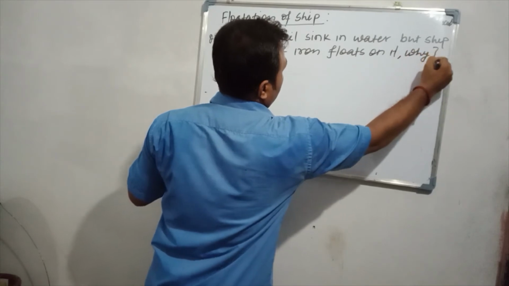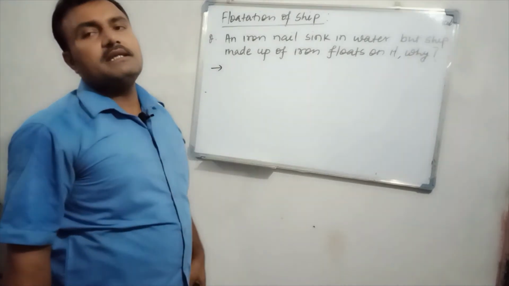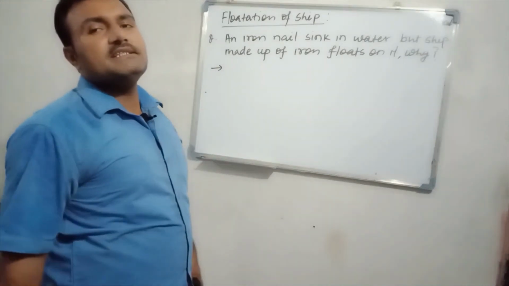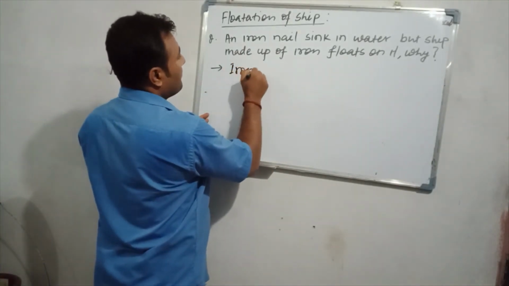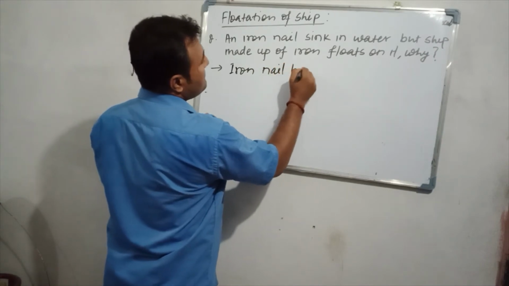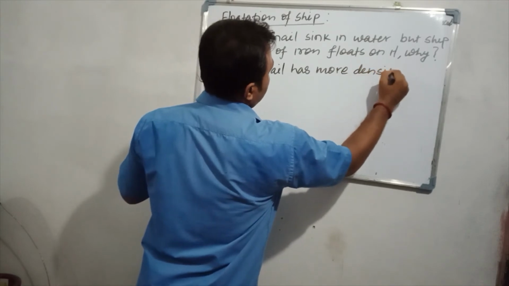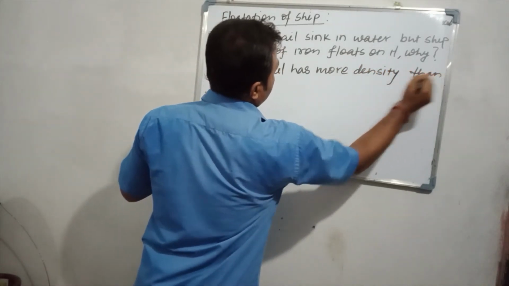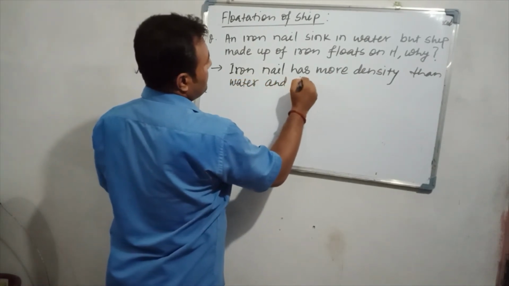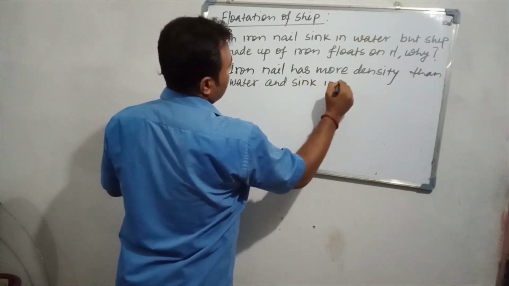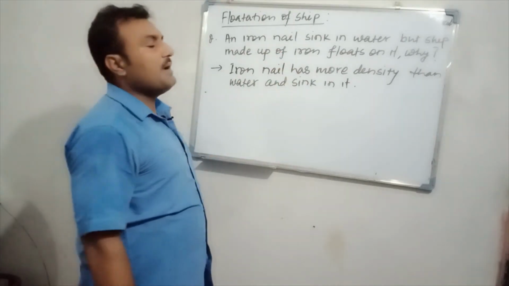Why? Flotation of a ship can be explained with the help of the iron nail. The iron nail has more density than water and sinks in it. This is the main reason for the sinking of the iron nail.